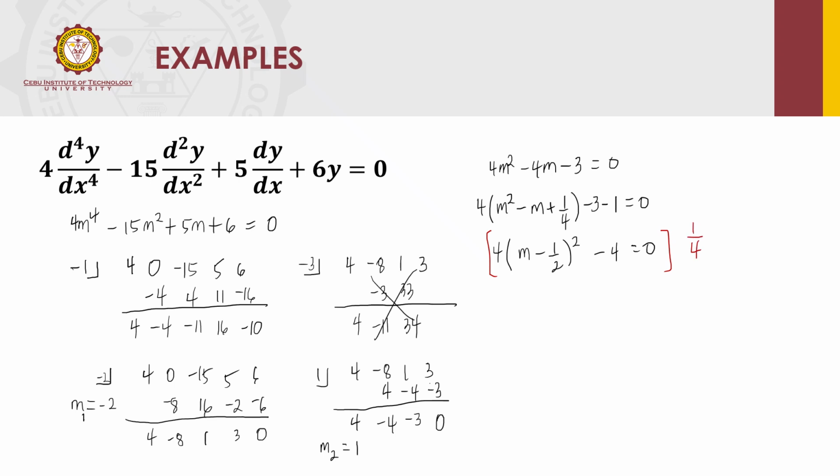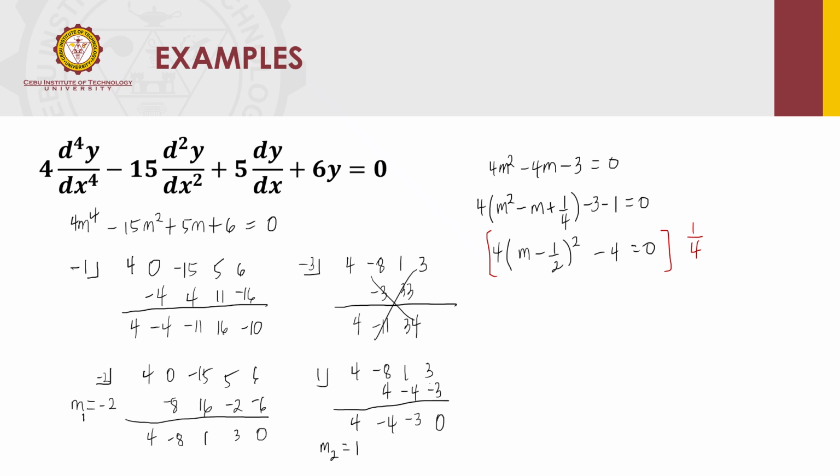Or you can do that before completing the square. Dividing the equation by 4 can be done, of course, before completing the square. So it depends on the process of solving for the roots of a polynomial equation.